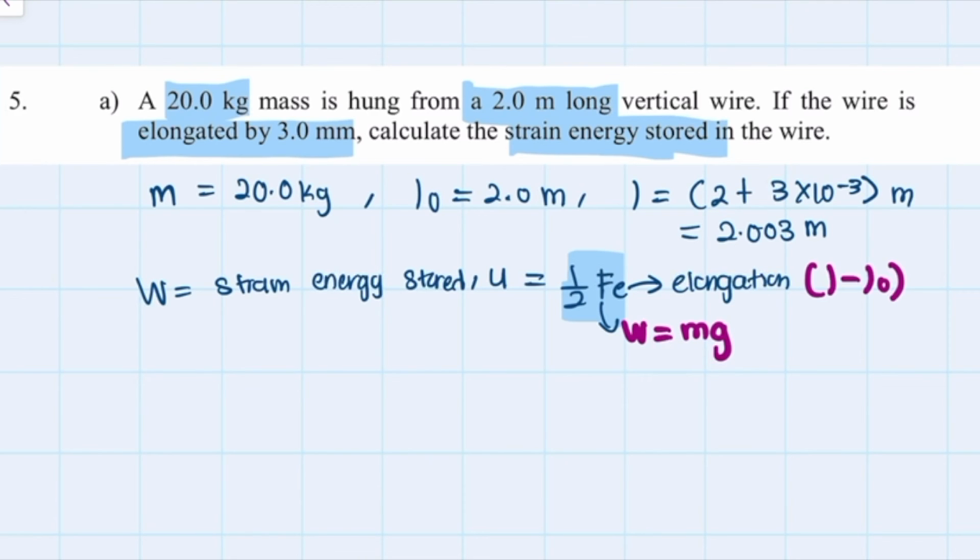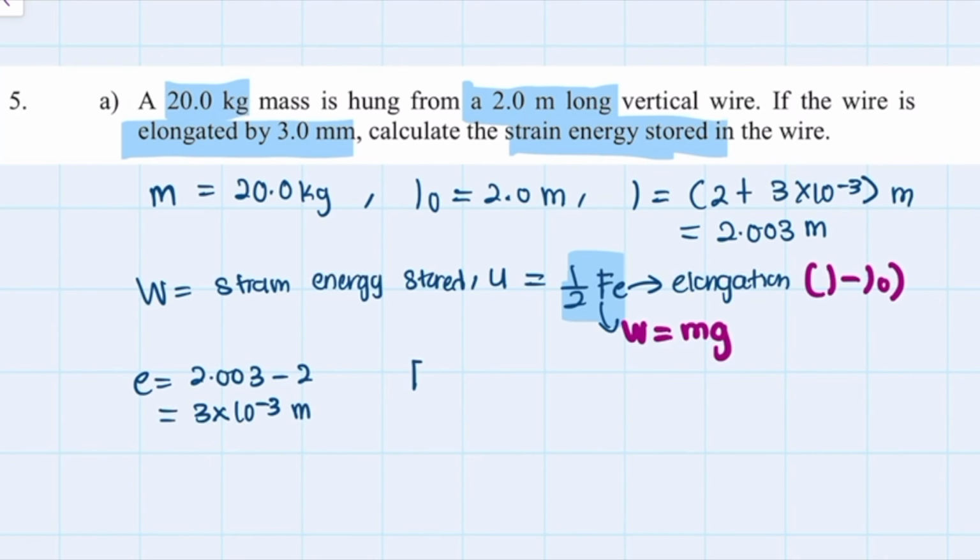So all the information is taken out for the formula. Now we can find the elongation first. Elongation equals 2.003 minus 2, then you will get 3 times 10 power of negative 3 meter.